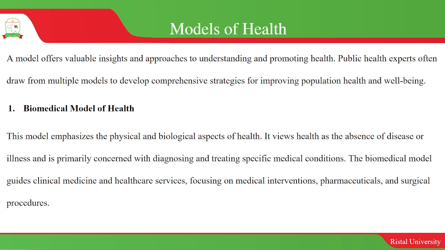When we see the parasites, we give you the treatment, and then you become better. So that is the biomedical model of disease or of health. It looks at medical interventions, which basically include the workups, the examination, the laboratory workup, and then the treatment that you're giving, whether it is pharmacological or surgical. That is the biomedical one.